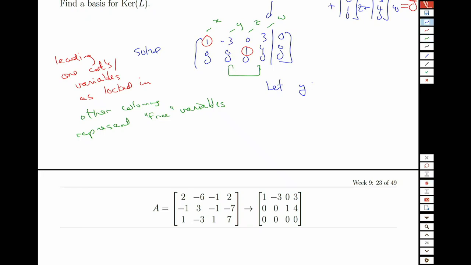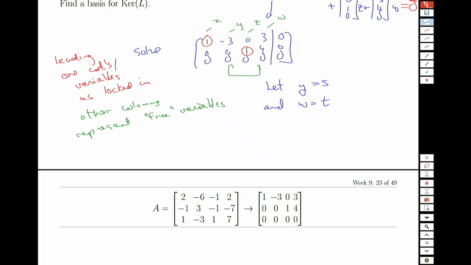We're going to call it s. And we're also going to let w equal another parameterization type variable like t. S and t feel different than x, y, z, which feel like spatial variables. Once we do that, we can work through and find what a solution to the system looks like based on those variables.